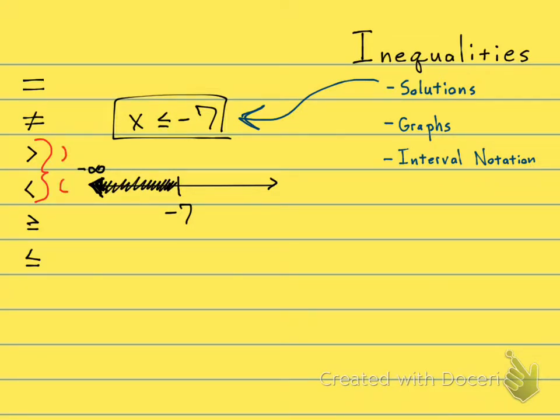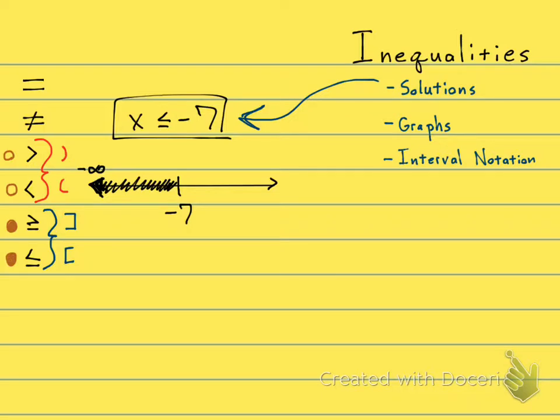But if you have greater than or equal to, or less than or equal to, you're not going to use a parenthesis. You're going to use a bracket like this. I know that in the past, you probably did an open circle and a closed circle. We're not going to use that for this class. We're going to use a parenthesis and a bracket.